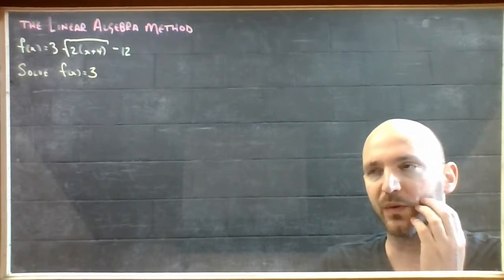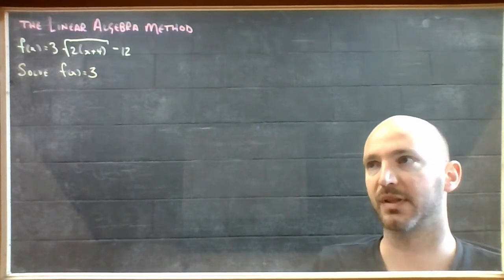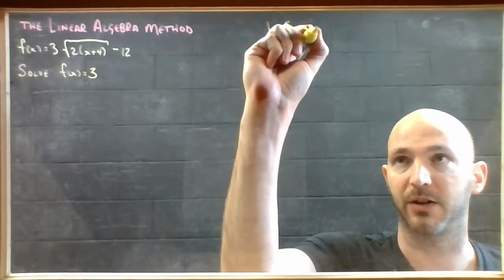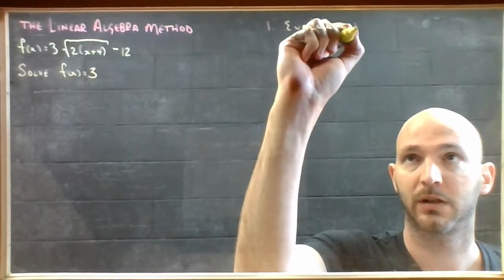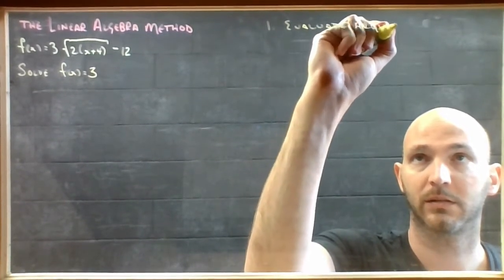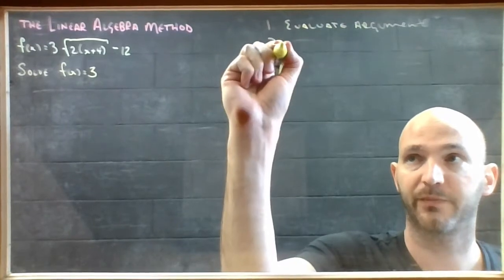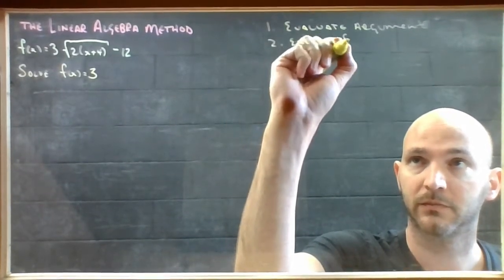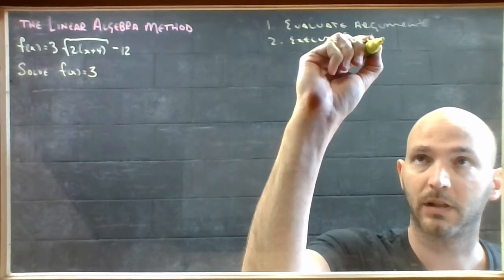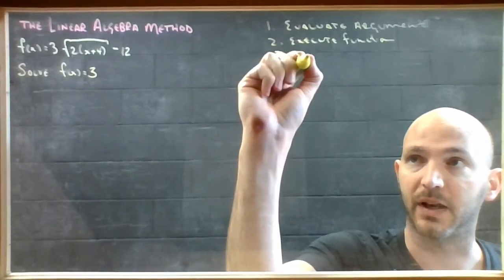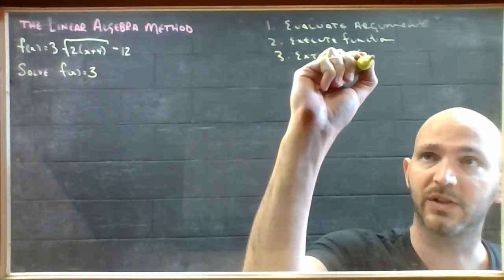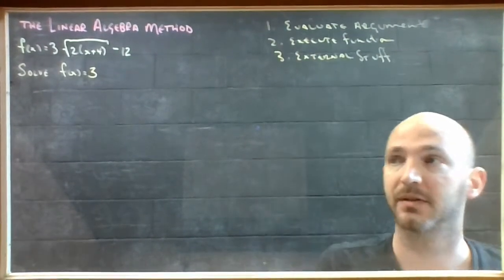So if we were to follow those same 3 rules that we had before, which were 1, evaluate the arguments, 2, execute function, and 3, external stuff, we just have to undo all these steps.